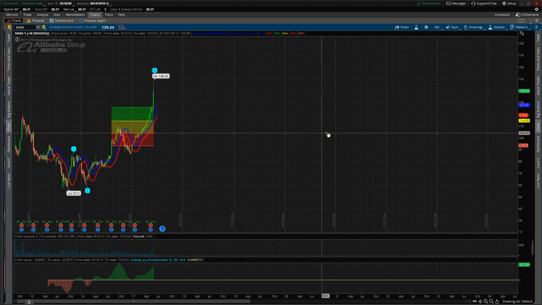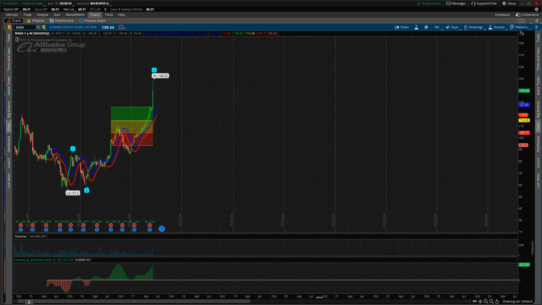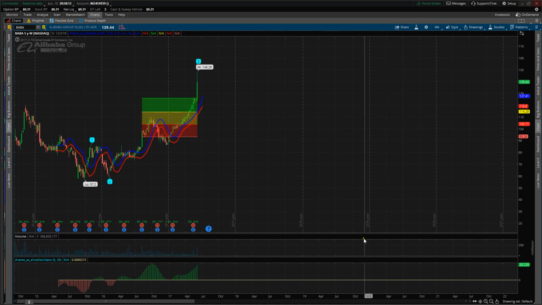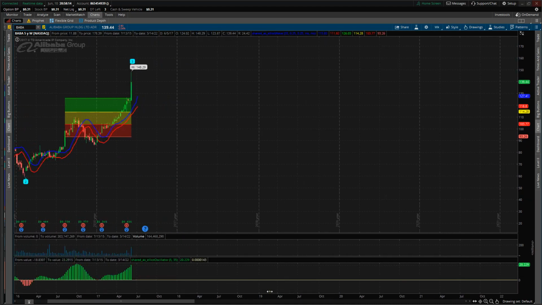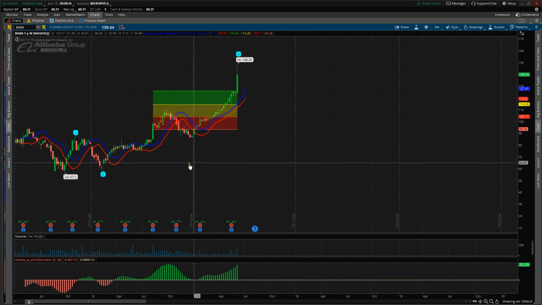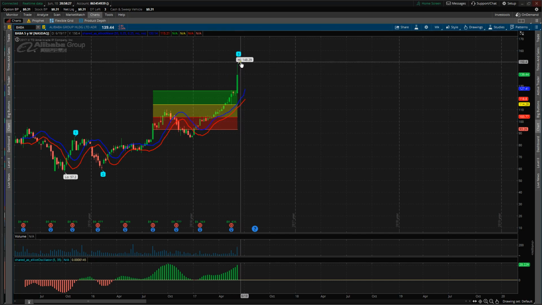So as you can see on the weekly, this looks better. On the weekly, from this low, we've had the 1, the 2. The 2 has not broken the low of the origin of wave 1, so that's still good. We've had a big long wave 3.